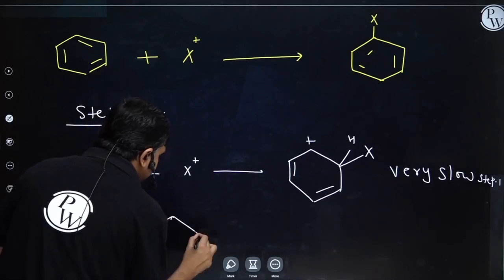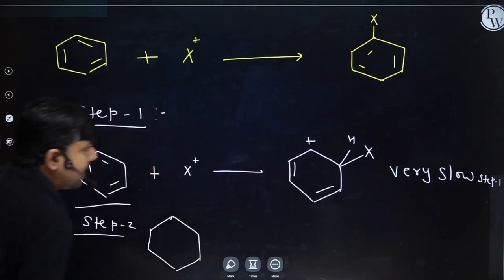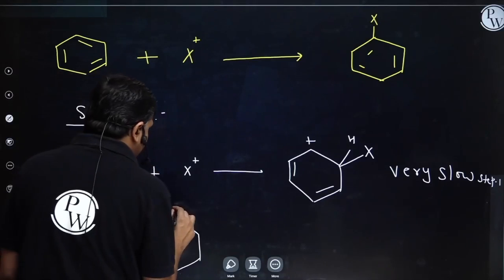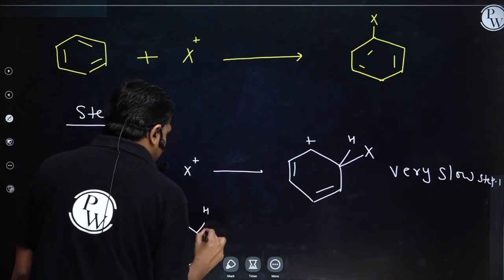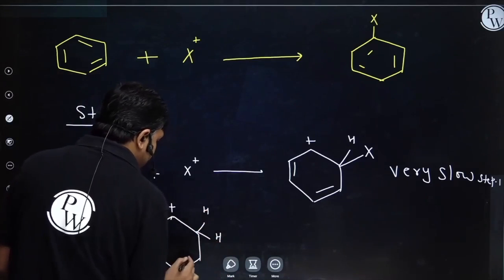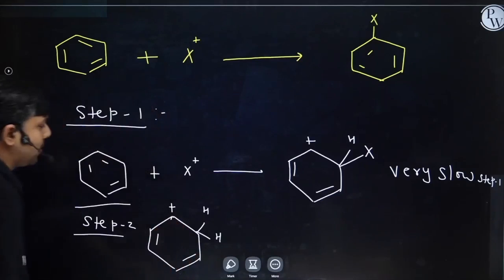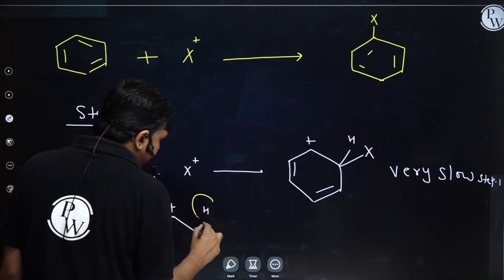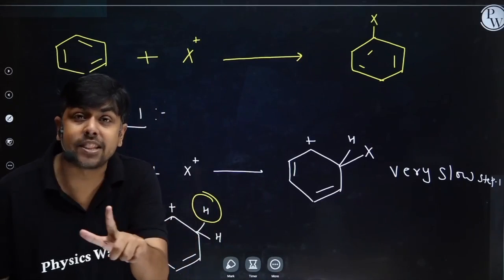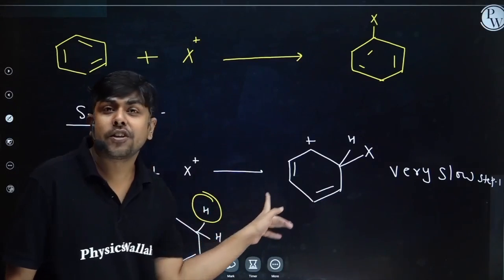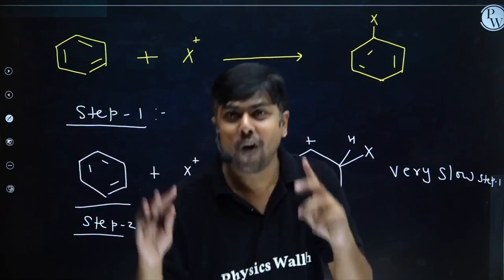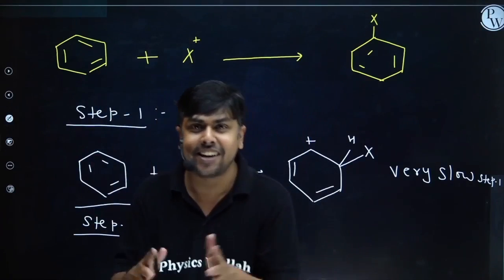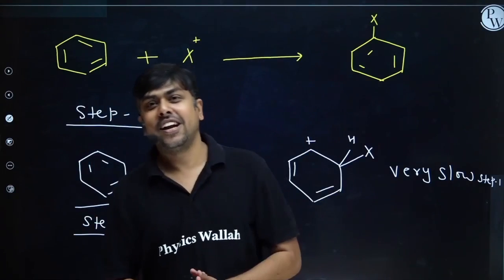Basically now I am having an intermediate like this, positively charged, with H and X, and here I am having a pi bond and here also a pi bond. Student, if I look at this particular hydrogen, it is somewhat acidic in nature because it is an alpha hydrogen, and alpha hydrogen is always acidic in nature. We have studied it in hyperconjugation, right, student?